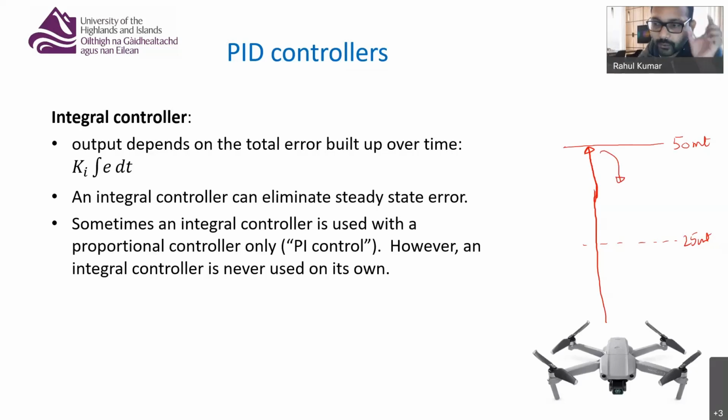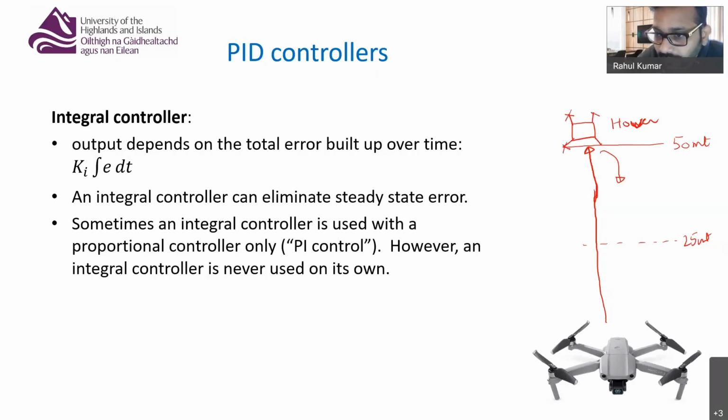So using only a proportional controller in this application is not suitable. We want the drone to hover at 50 meters.